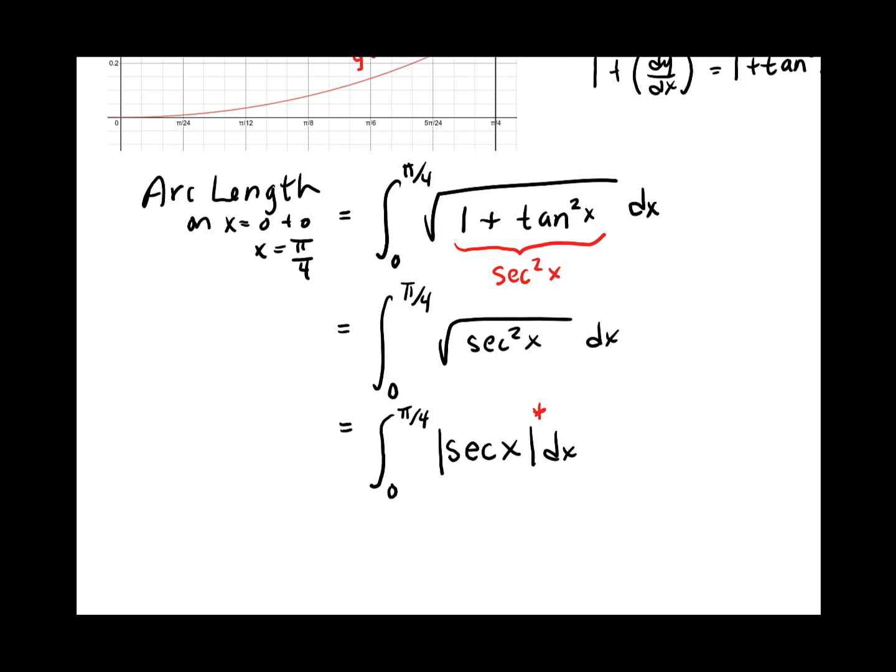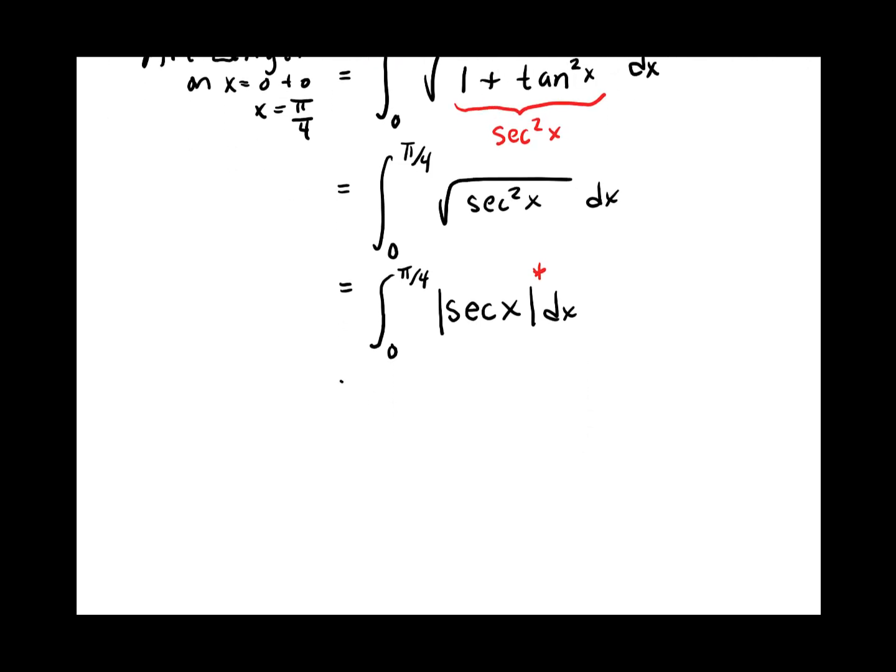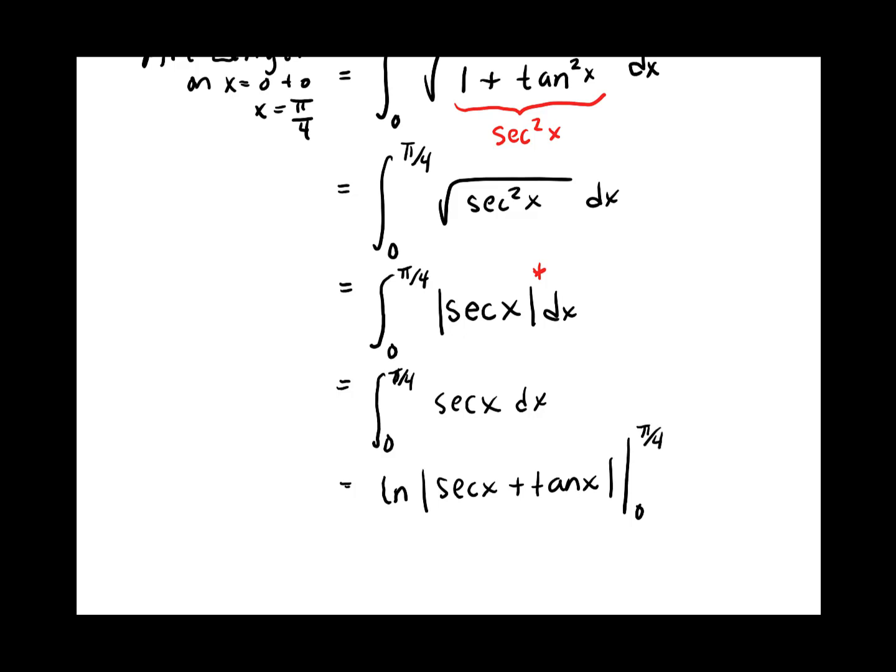The secant is always positive on the interval from 0 to pi over 4. So we can go ahead and drop the absolute value and look at just the integral from 0 to pi over 4 of the secant of x dx. And of course, that's one of our useful integrals, so that's the natural log of the absolute value of the secant of x plus the tangent of x, evaluated from 0 to pi over 4.